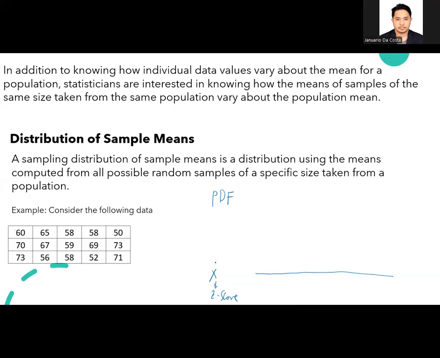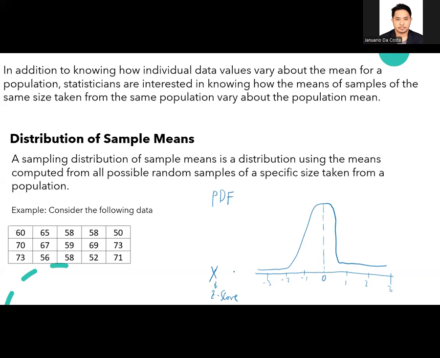Correct? So every individual number, you can convert into a z-score, and then plot it in a normal distribution shape, like this. Your middle will be your mean, which corresponds to 0. I have a z-score of 1 over here, 2, and 3, and -1, -2, and -3.